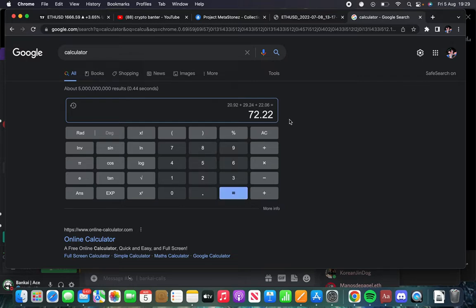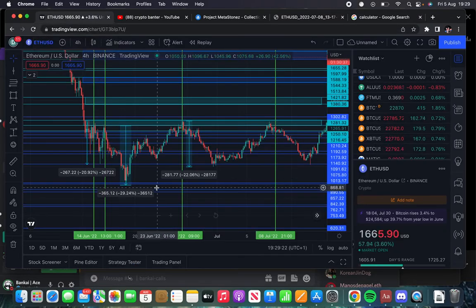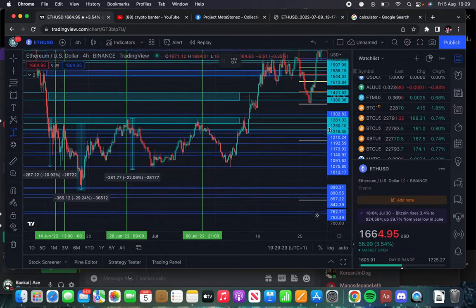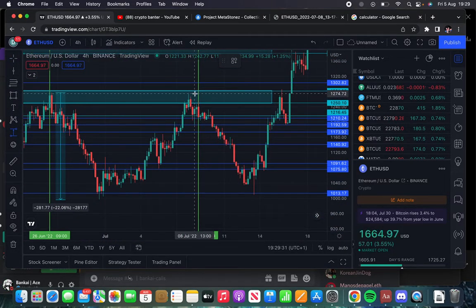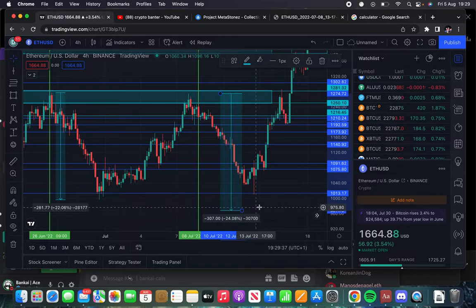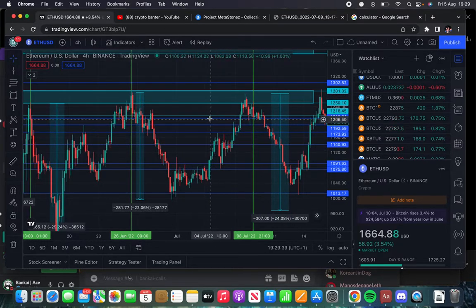Obviously, to find the average, you divide by how many you're adding up. So I divided that by 3, and I get 24.07. Let me just map that out real quick. I'll go to that level. 24.08, yeah, good enough.